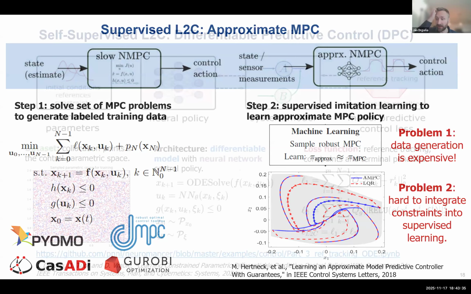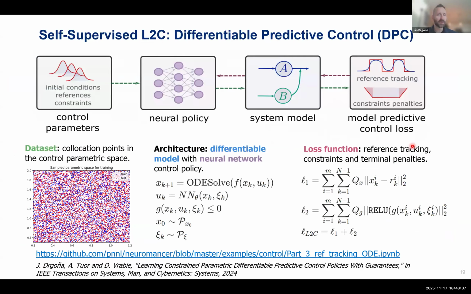So what can be even less expensive, my argument is, why do we do it in a supervised way? Why don't we do it in a self-supervised setting in an approximate way? So the idea is called differentiable predictive control. I have been working on this for the last 5-6 years, and we are starting with sampling the parametric scenarios, the same as we do in PINNs, the same as we do in learning to optimize and approximate MPC.